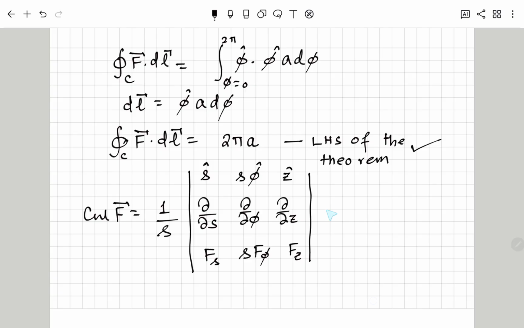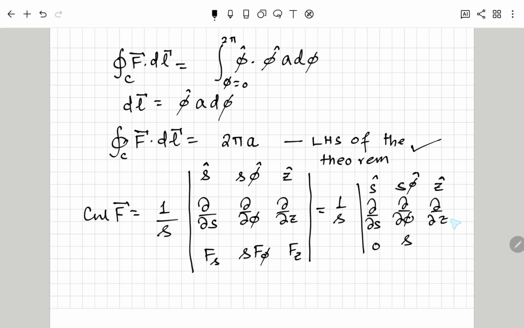So for our given vector field, I can simplify this: s cap, del s, 0; s times phi cap, del phi, phi cap coefficient is 1, so it is simply s; z cap, del z, and 0.